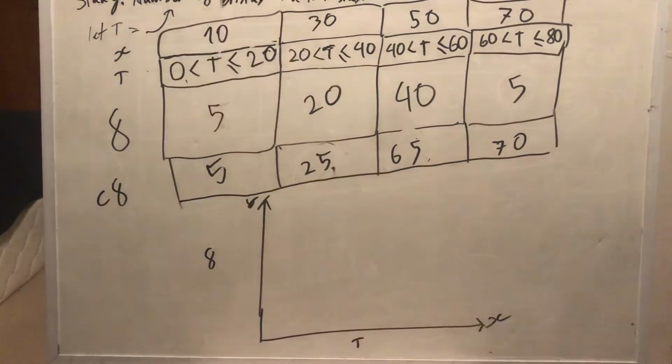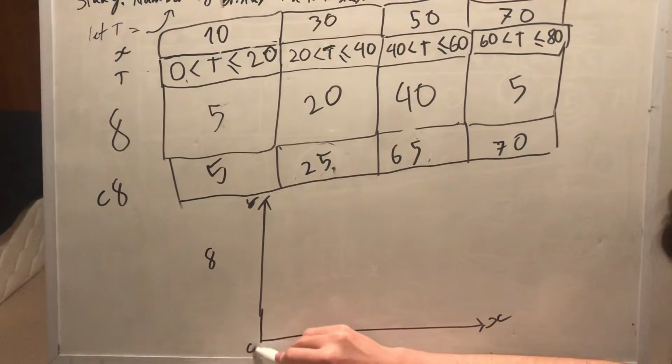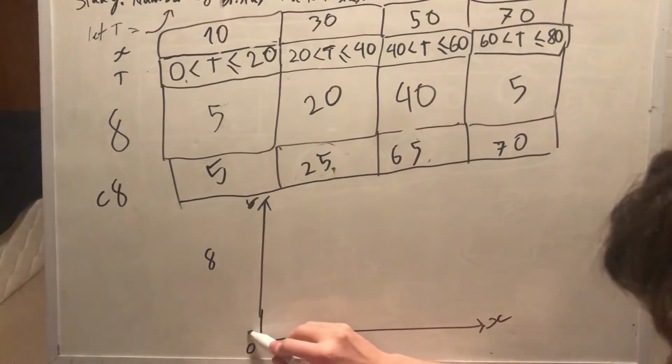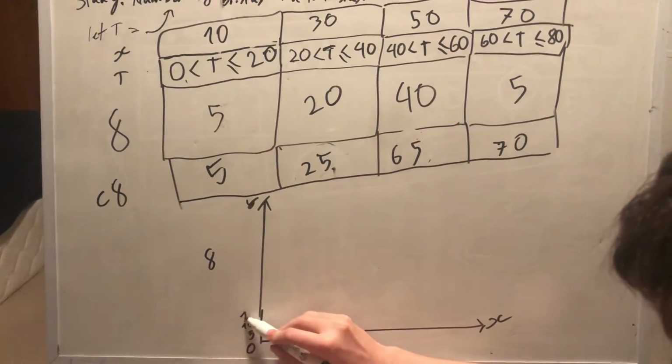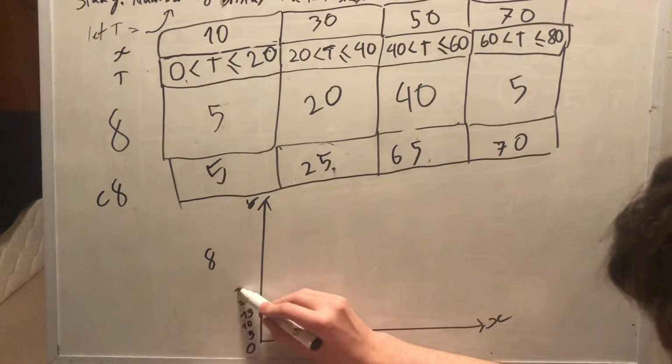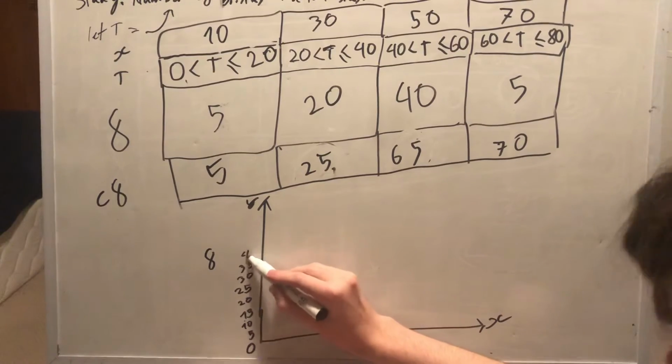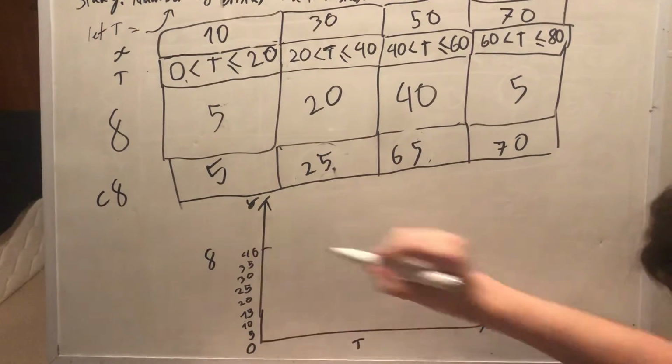So t is our variable. So I'm going to lay these out. Okay, this is 0. Now, this goes up. We can do it in 5. So 5, 10, 15, 20, up to 40. Okay, so that goes up to 40.